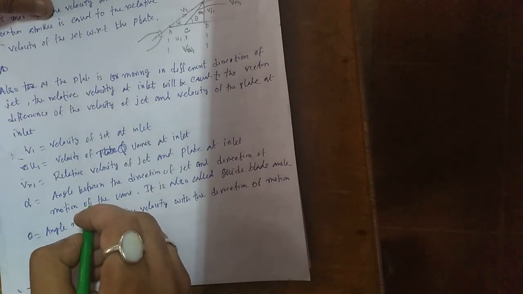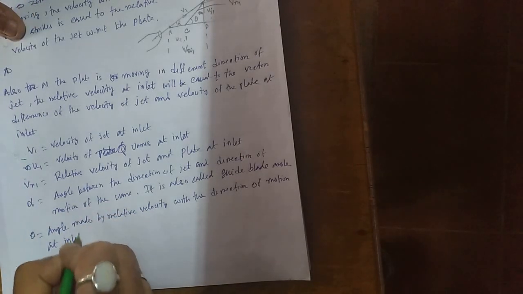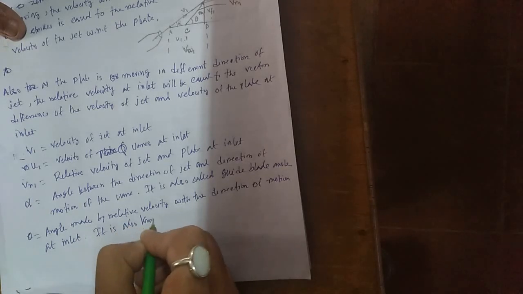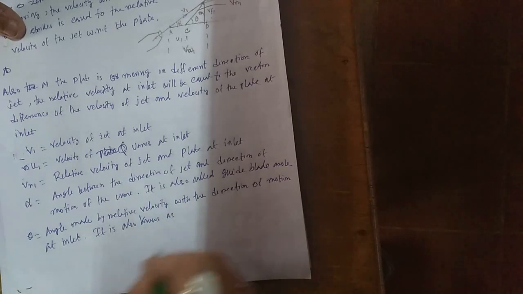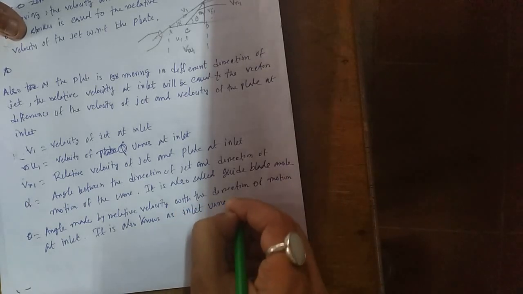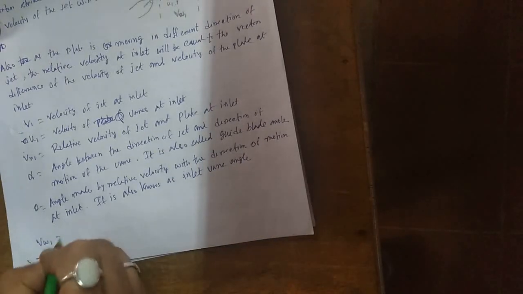So theta is the angle between the relative velocity and direction of motion at inlet. So it is also known as inlet vane angle.